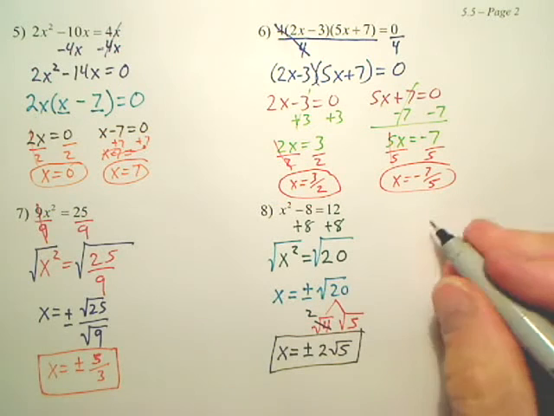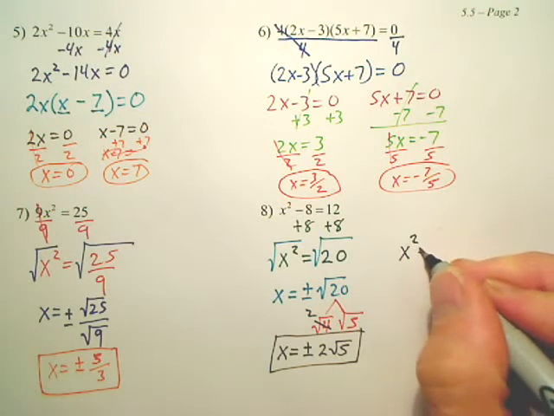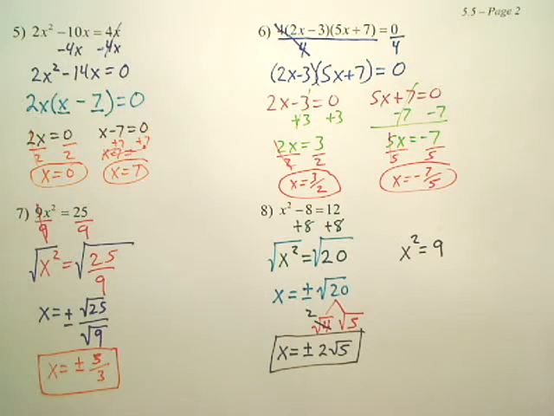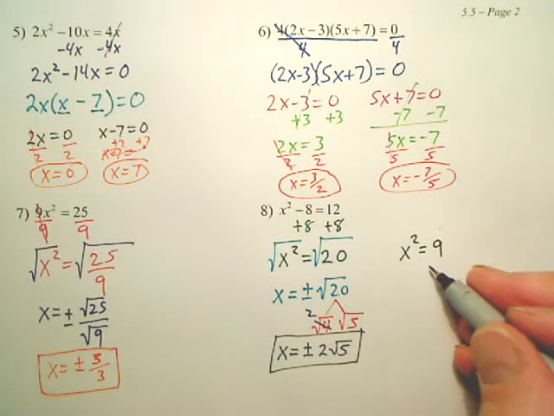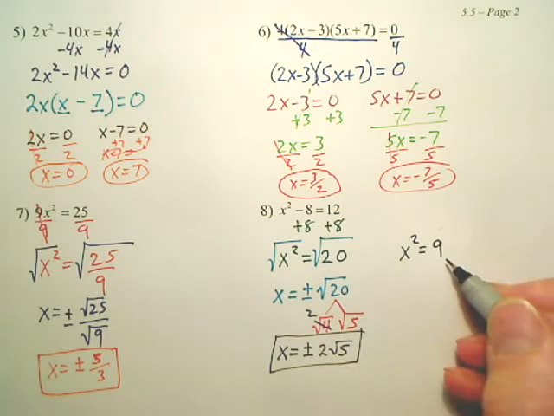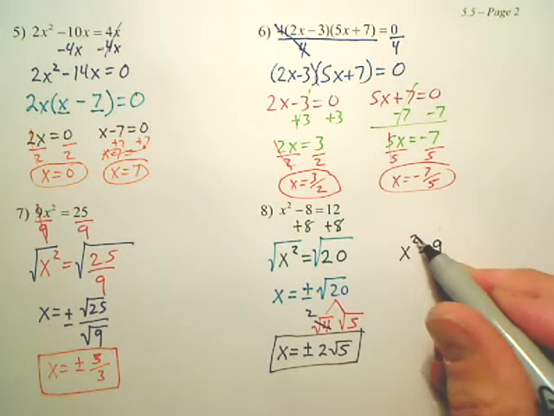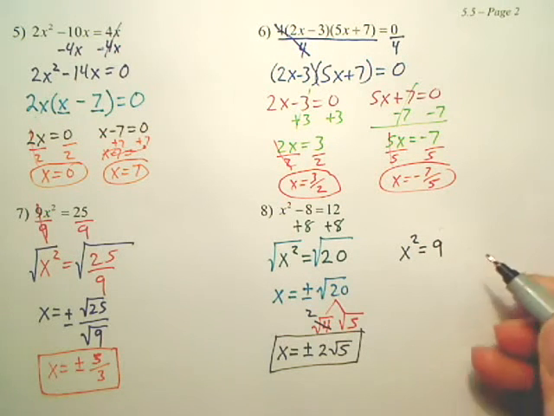Now, why is there a plus or minus? Here's where I'm going to get at. What squared, for instance, gives you 9? Let's just think about this. Well, if we square root it, don't we get x equals plus or minus 3? Let's think about it. What's 3 squared? 9. But isn't negative 3 squared also 9? You have to think about that.